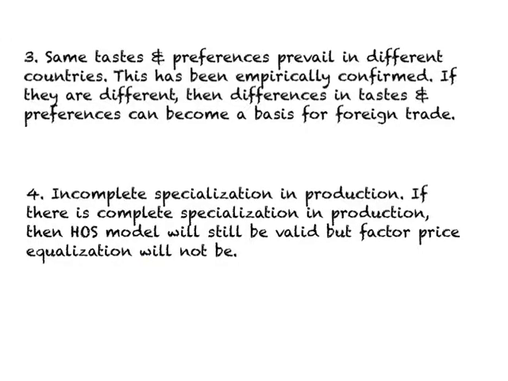So something to remember is if we have incomplete specialization in production, then the HOS model and the factor price equalization model hold true. But if we have complete specialization in production, or a straight line PPC, in such a case the predictions of the HOS model are still valid, but factor price equalization will not be.